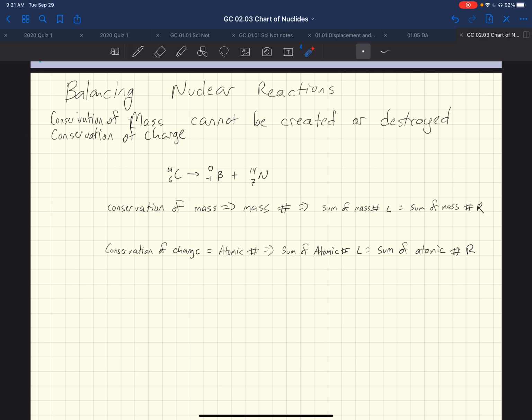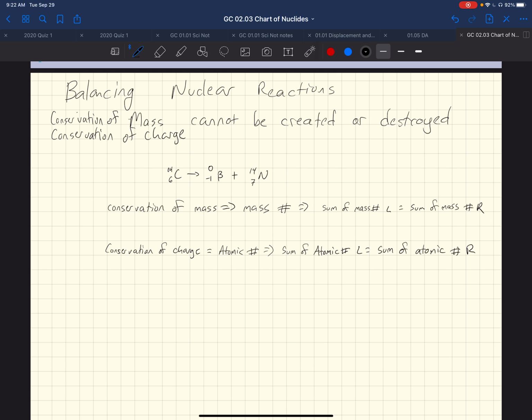So when we talk about conservation of mass, we're talking about the fact that the mass number must be the same all the way through. So we can't destroy a proton or a neutron. What that means when we're balancing these nuclear reactions is that the sum of the mass number on the left side of the equation has to equal the sum of the mass number on the right side.